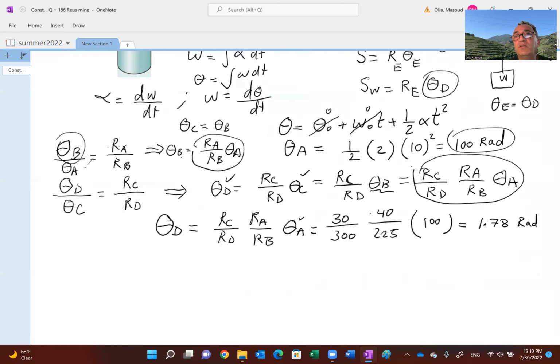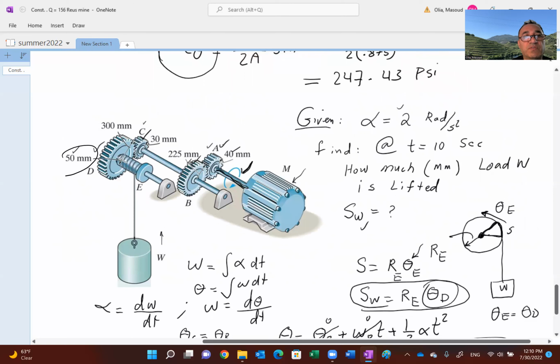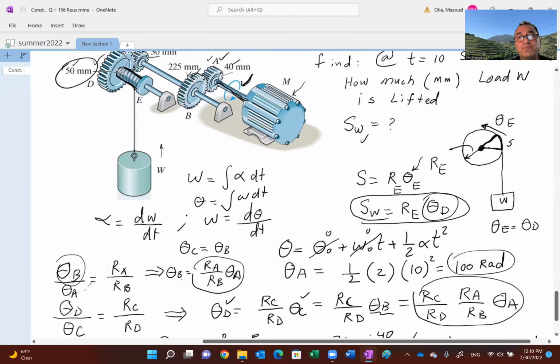All right, and then you guys remember that at the beginning of this video, I said, well, look, S sub W is R of E. R of E was what? 50 millimeters, right? The radius of this spool here is 50 millimeters, right? Times what?